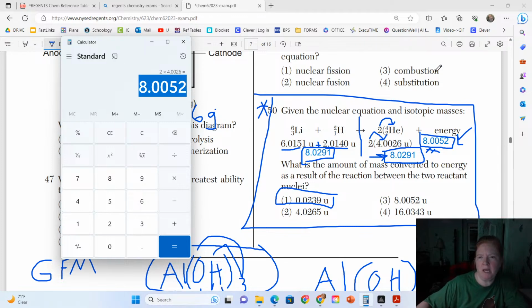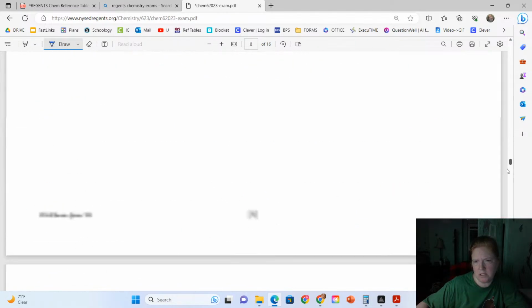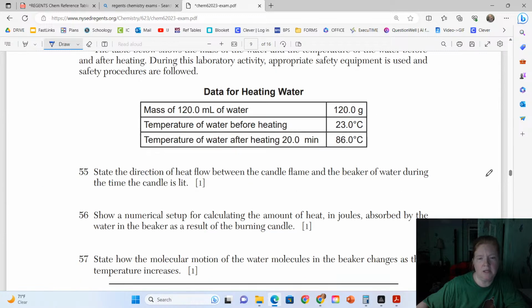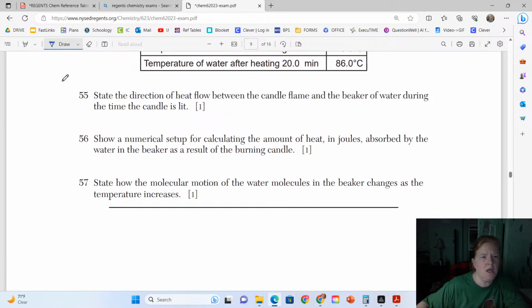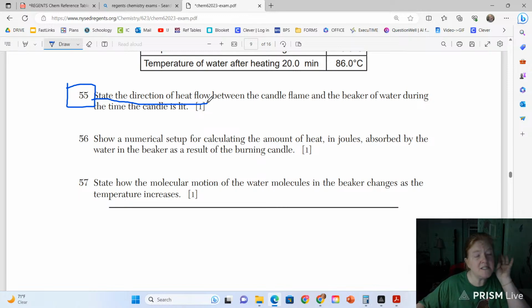Okay, so besides the balancing, what else was pretty hard on this exam in particular? Okay, this was not a hard question, but so many people got this one wrong. When it says state the direction of heat flow. Oh, for the Jiminy Cricket. Don't say up, down, left, right. No. North, south.